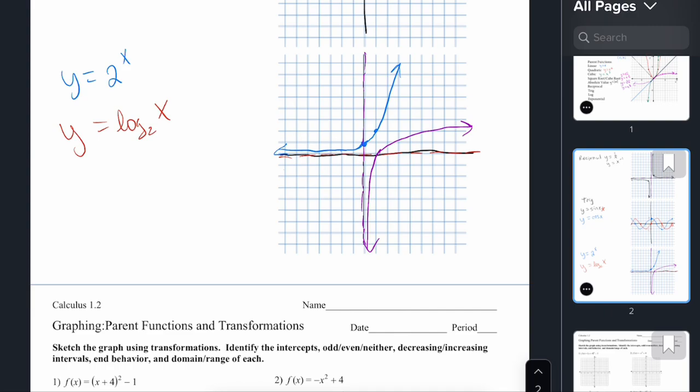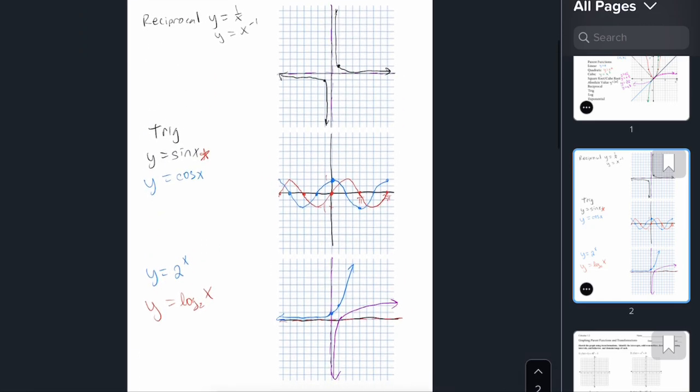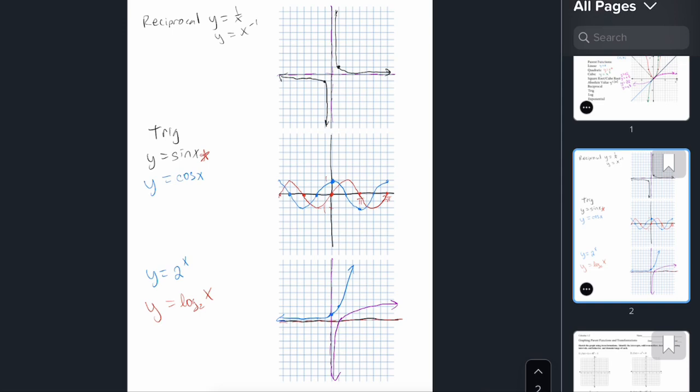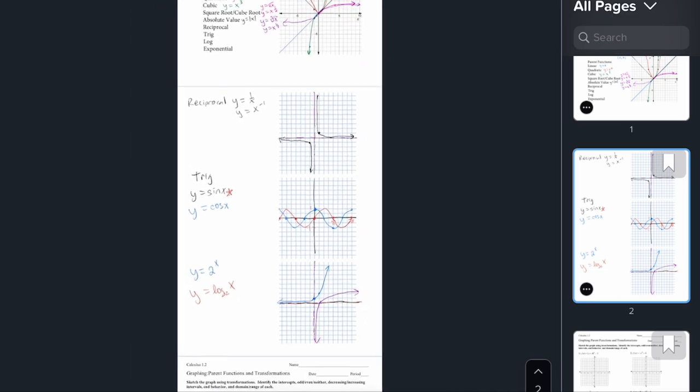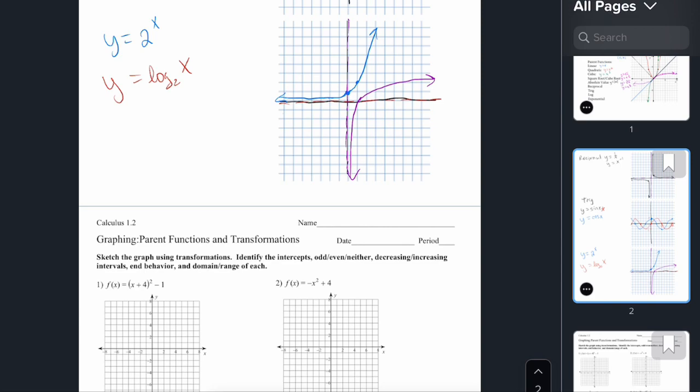One has a horizontal asymptote at 0, the other has a vertical asymptote at 0. So that's just a very, very quick rundown of what the graphs are going to look like. It is your responsibility to know and remember, hopefully, how to graph them.